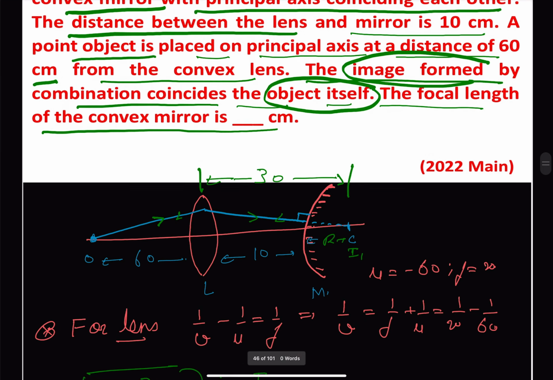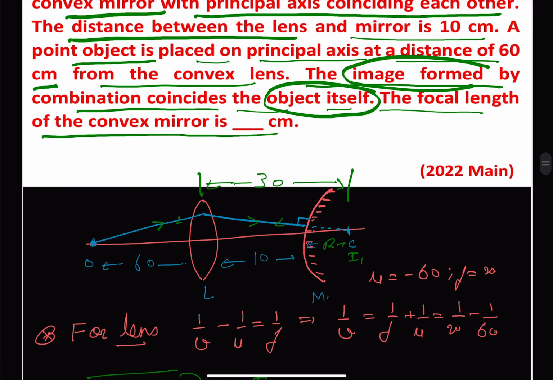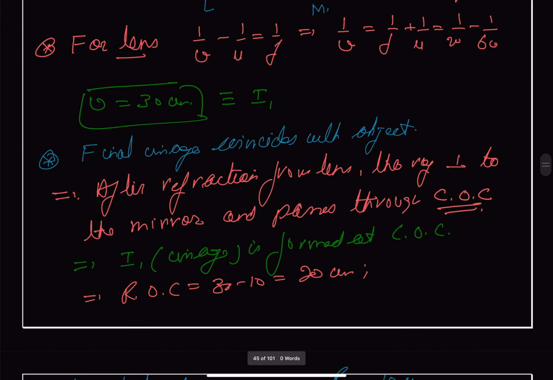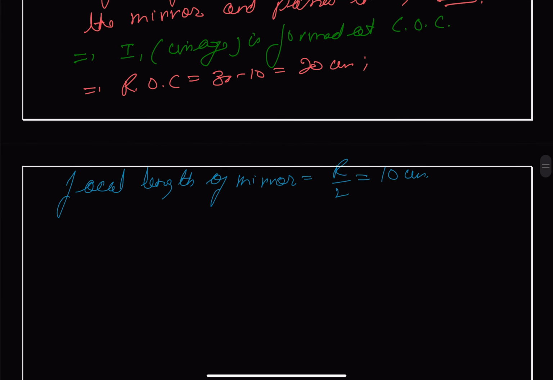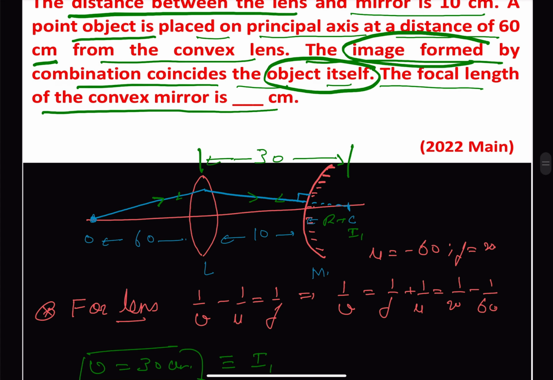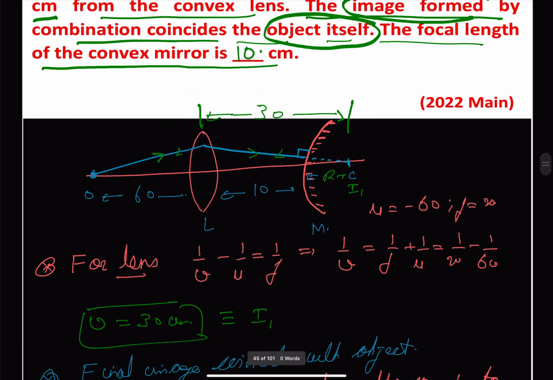And we are only finding the focal length of the convex mirror, that we got as 10 centimeters. So this is our 10 centimeters. Next question.